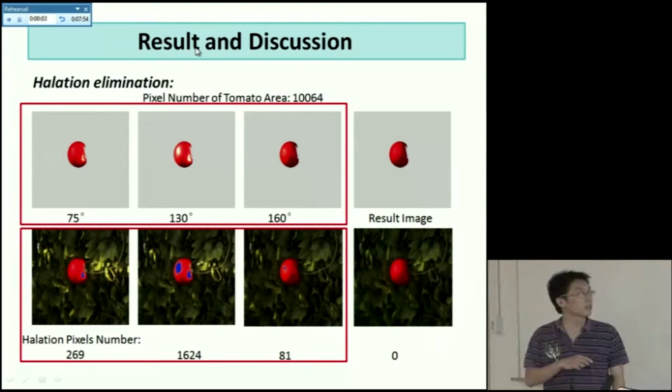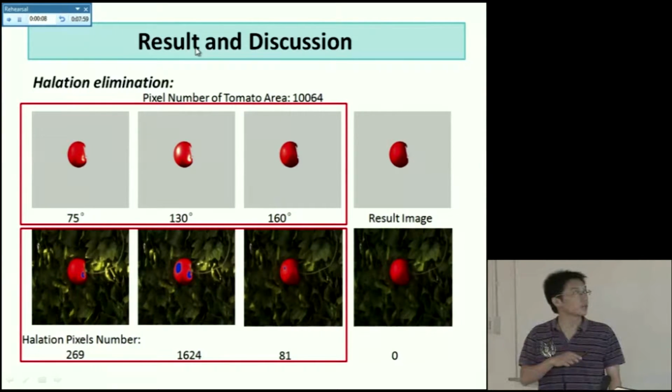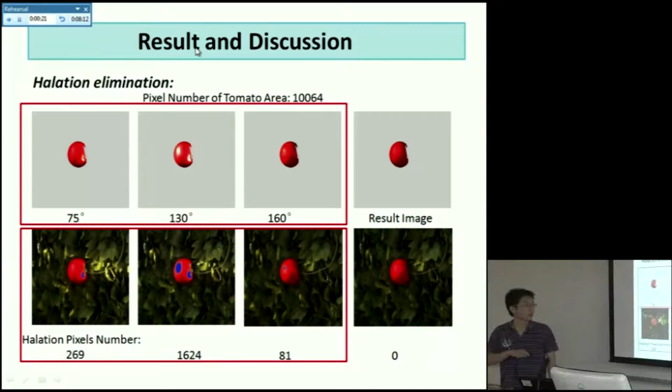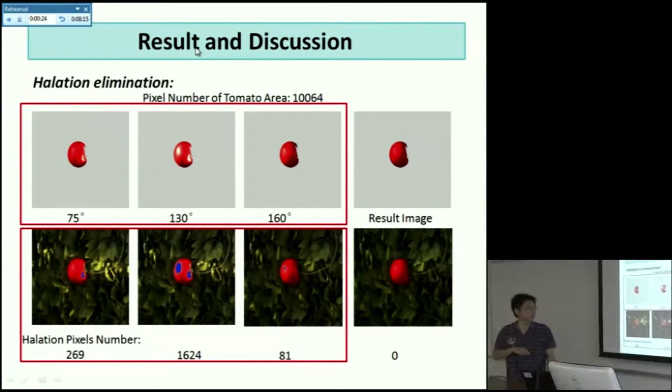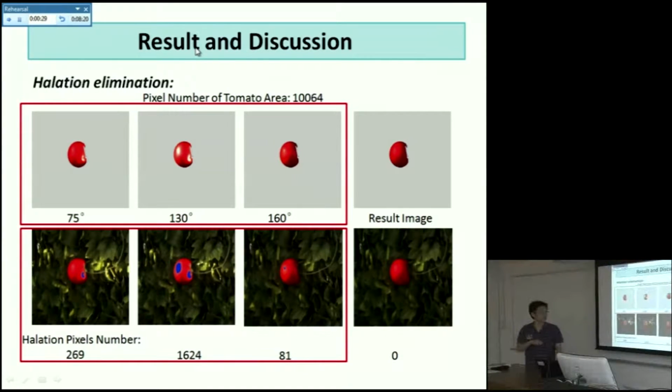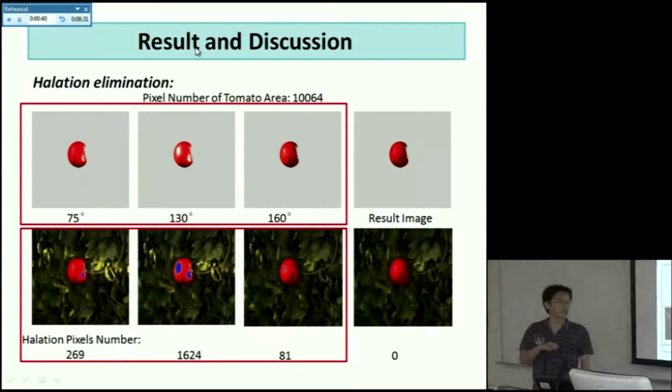But if we only focus on the tomato area, the total number of pixels of the tomato area is about 10,000, and the halation pixel number in this image on the tomato surface is about 260, and in this worst situation it's about 1,600, and in this image there are only 81 halation pixels on the tomato surface, and in our result image there are no halation pixels detected on the tomato surface.